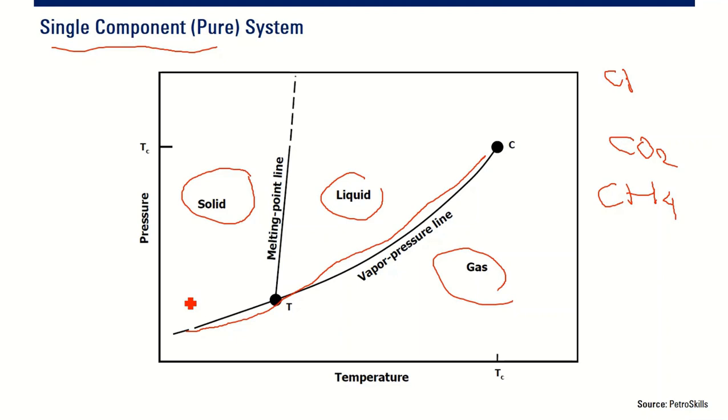Ya, it will be solid. So if you have low temperature on the left, but the pressure is quite high, then you will have solid. For water, for example, pure H2O, you will have solid at low temperature.